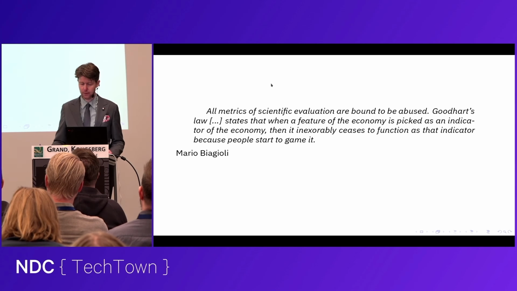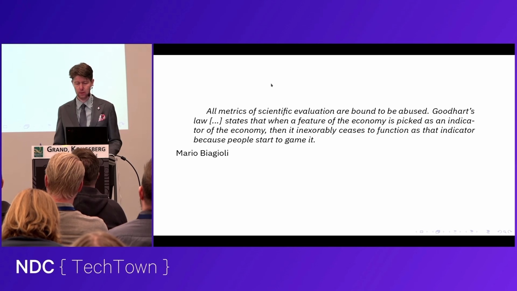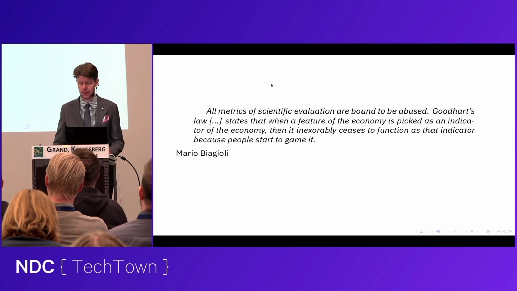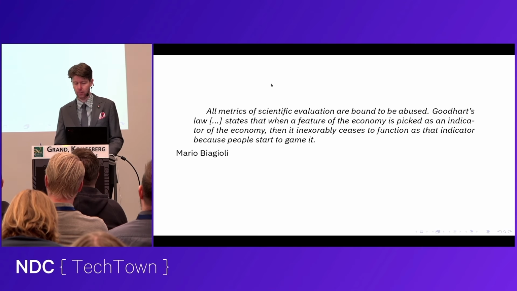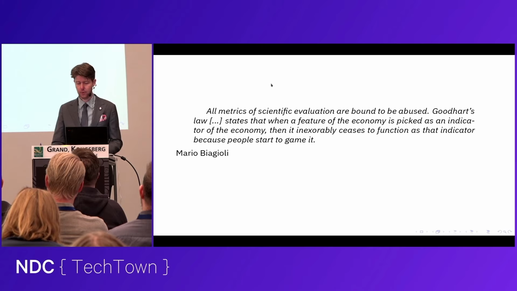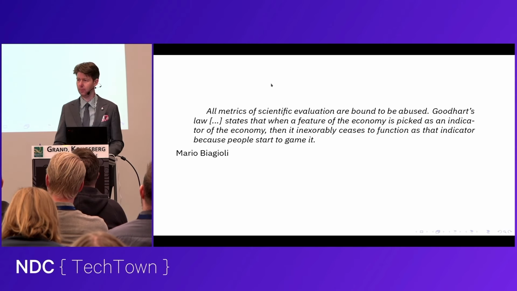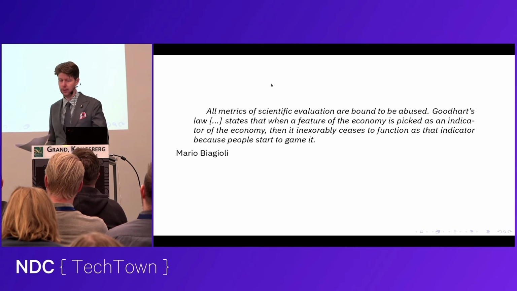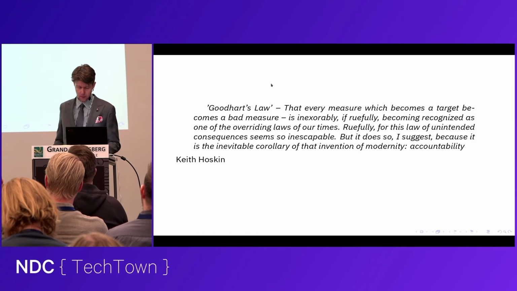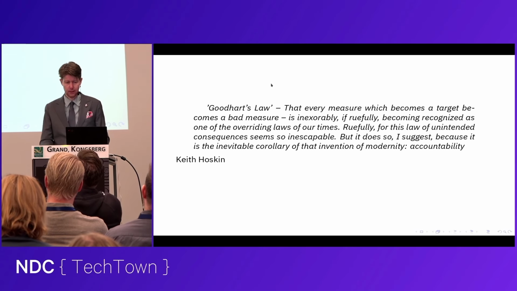tricks of scientific evaluation are bound to be abused. Goodhart's law states that when a feature of the economy is picked as an indicator of the economy, then it inexorably ceases to function as that indicator because people start to game it. I included that because he too uses the phrase to game it.